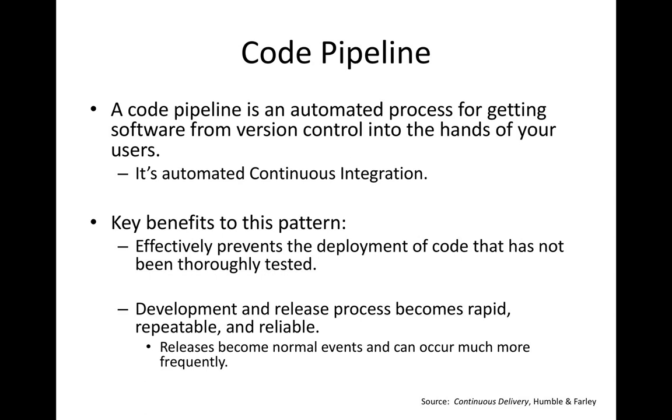If you force every single code commit to go through a code pipeline, that means that it's not possible for code to make its way out into production and into the hands of your customers without having gone through a fairly rigorous testing process. So it really enforces the release and deployment processes in your software development lifecycle.